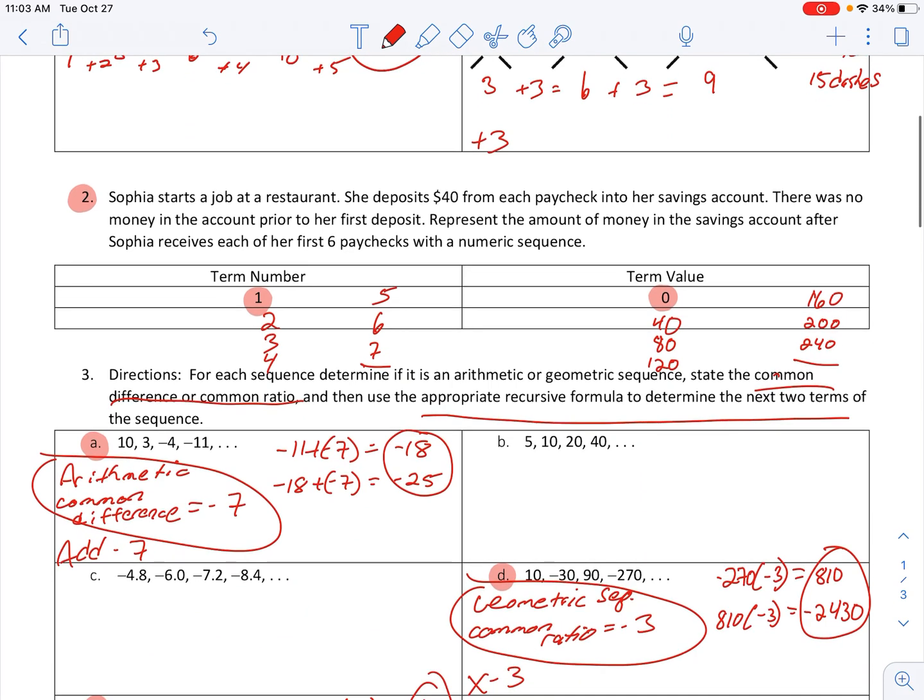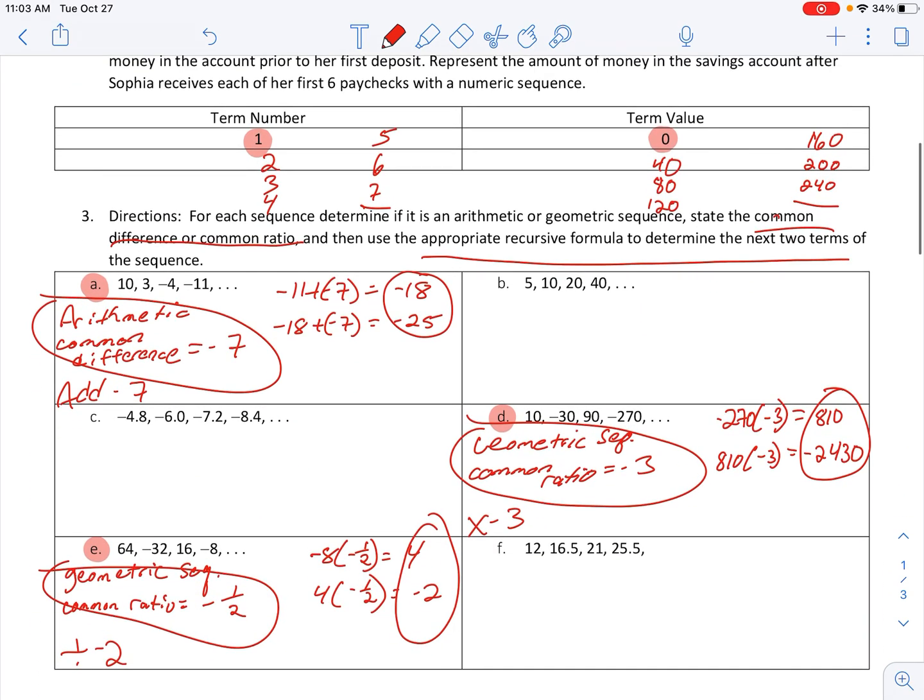All right, number 2 I did in class. So I'm going to do number 3B. On 3B, we want to figure out if it's arithmetic or geometric, state the difference or the ratio, and then figure out the next two terms. 5 to 10 to 20 to 40, make sure it works for everything, and multiplying by 2 does that for me.